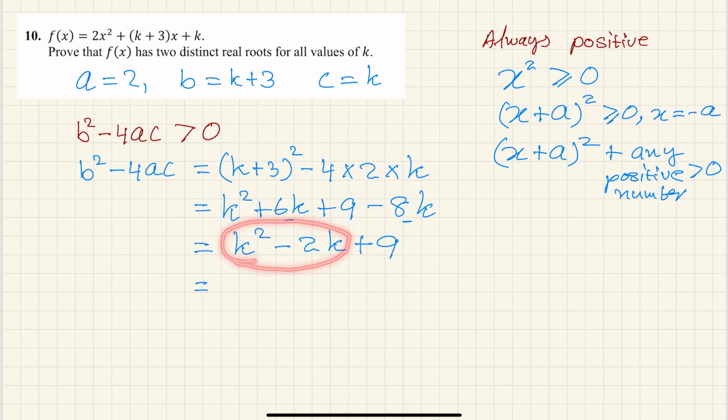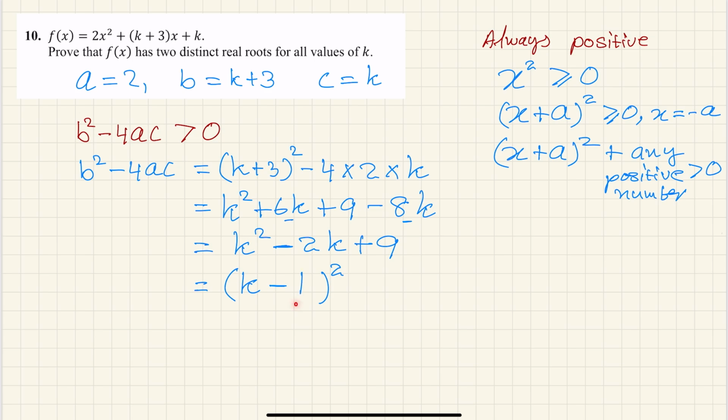If you take these two terms, you can write a bracket square like this. So we're going to write a linear expression of k. We can write k, and as we have a minus sign here, we put minus. We take half of this number, it's 1.